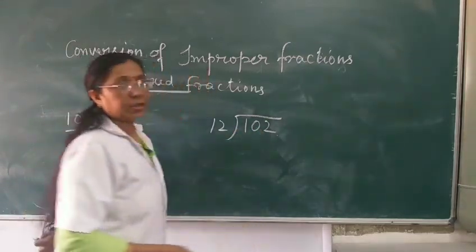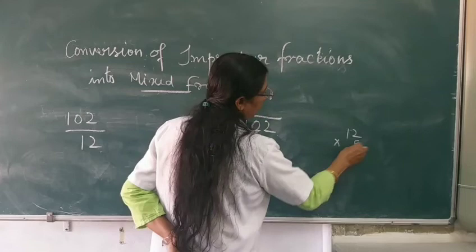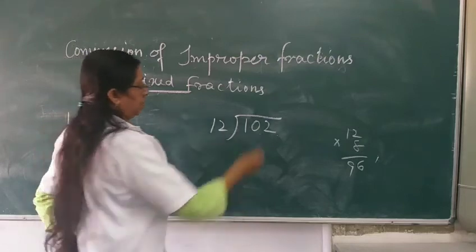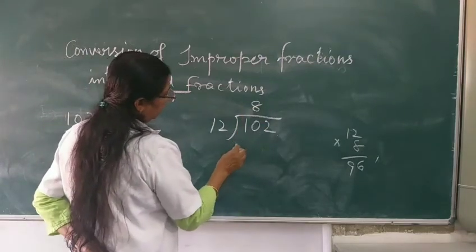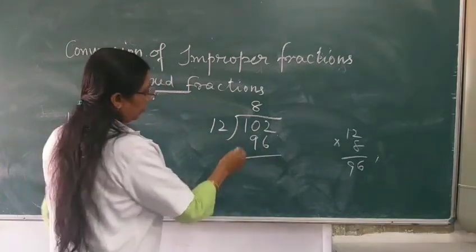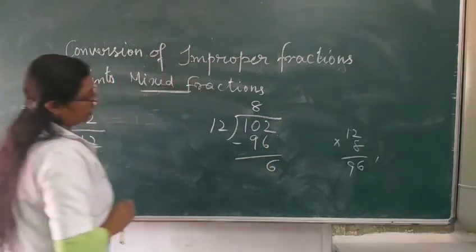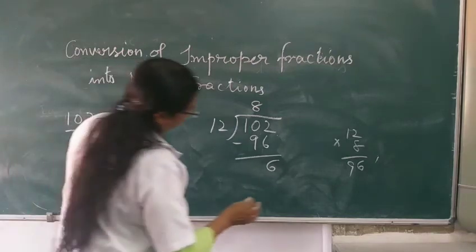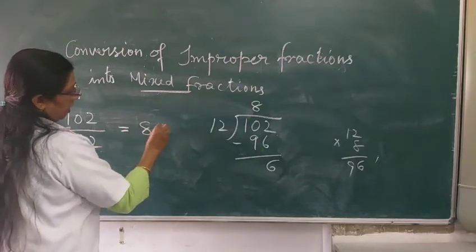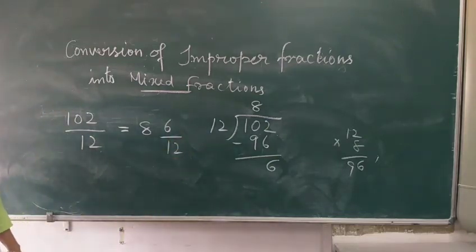How many times? You all know the multiplication table of 12. What is 12 times 8? 8 times 12 is 96. That is the nearest number to 102. Now do subtraction: 102 minus 96 is 6. Remainder 6. Nothing is left to divide. Then what is the quotient? Quotient is 8 and remainder 6. That is the answer, children.